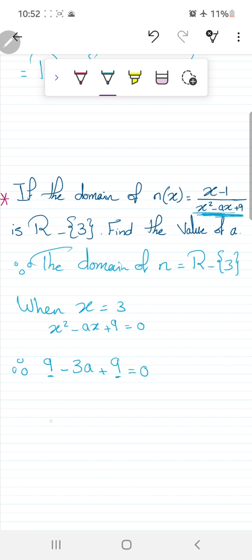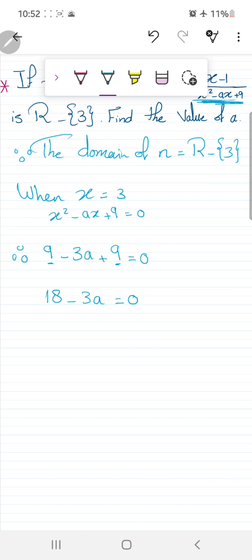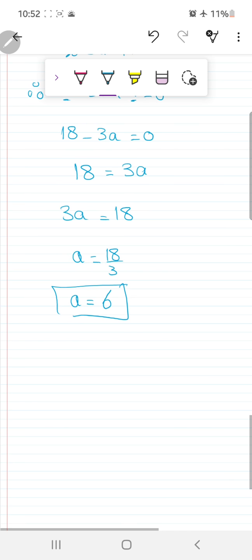Here 9 and 9, 18 minus 3a equals 0. Move negative 3a to the other side, it will be positive. So 18 equals 3a. Write it again: 3a equals 18, so a equals 18 divided by 3. So a equals 6. So the value of a here will be 6.